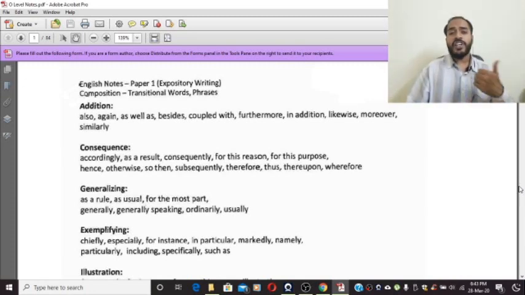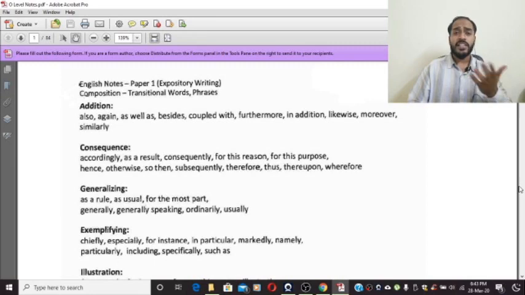Now, another word is generalizing. Generalizing over here means that you want to speak of something that is normal. It's something that you want to state from a very general perspective. For instance, as a rule of thumb, everyone should drink water. As a rule of thumb, our body needs water.